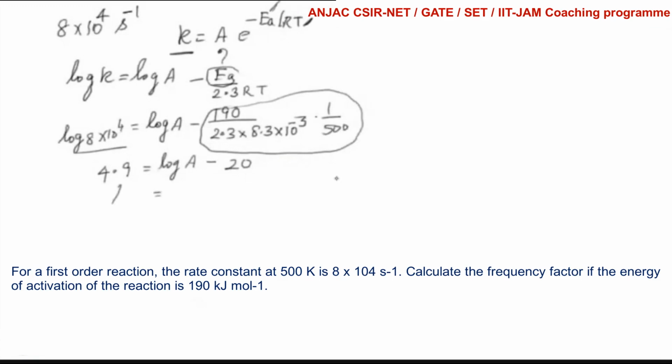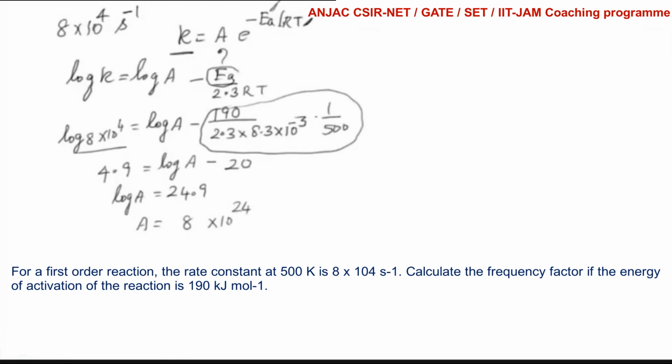Log A is equal to 24.9. What is A? Anti-log of 24.9, that is 10 power 24.9. It is a simple problem given under Arrhenius.